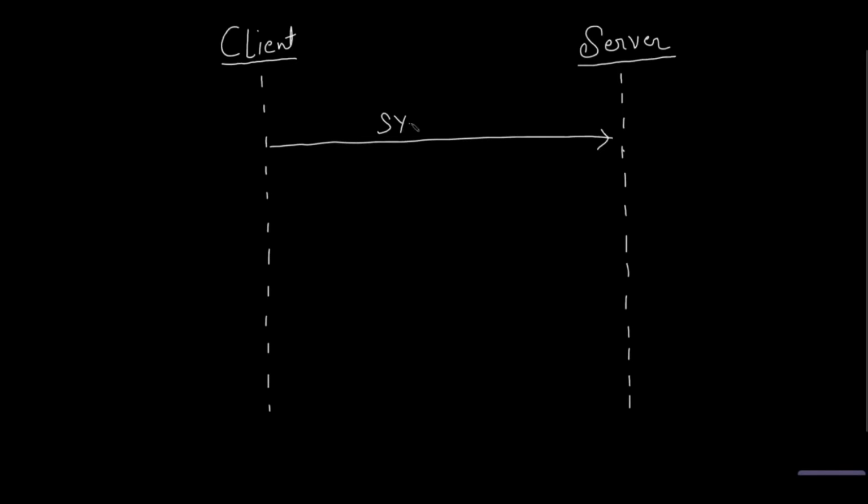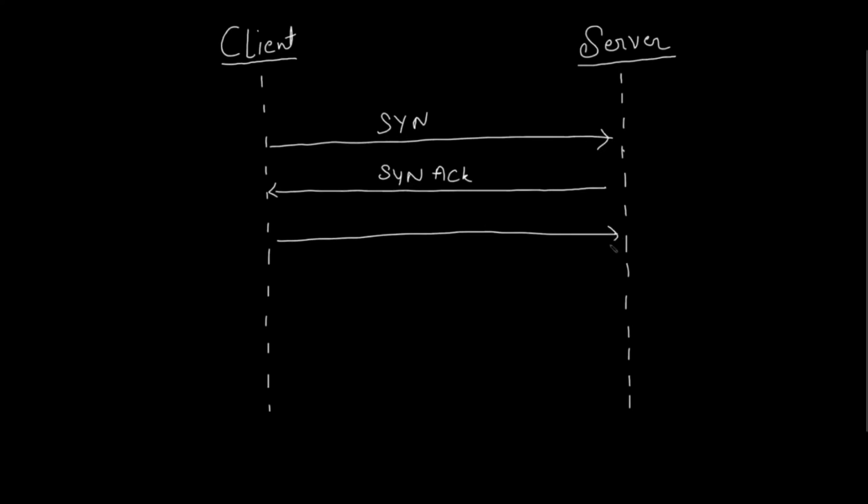First, the client sends a SYN request to the server, and in response to that, the server replies with a SYN acknowledgement. When the client receives that acknowledgement, the client again sends an acknowledgement back to the server saying, hey, I have received this SYN acknowledgement.